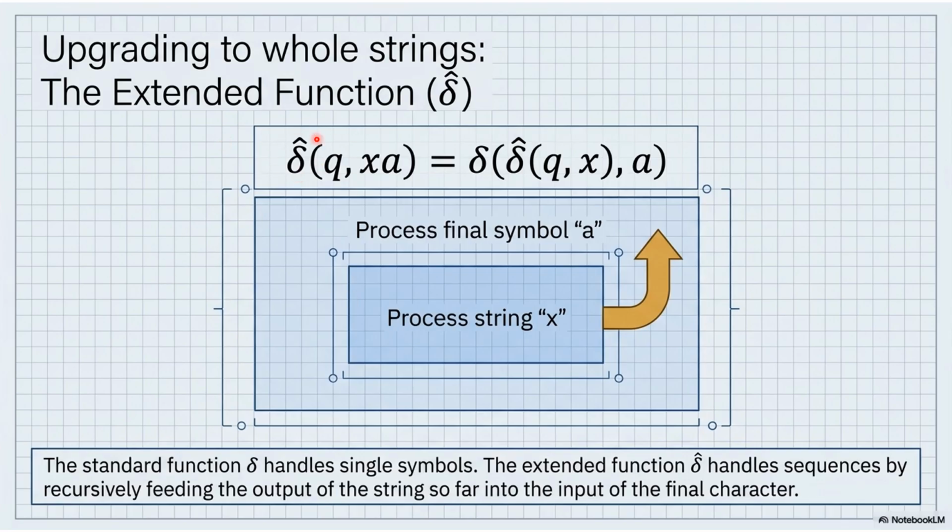So del cap of q comma xa, where xa is a sequence of symbols, we write as del cap of q comma x, then a. First we calculate the transition function of del of q comma x, then we calculate the answer from this state with the symbol a. So the extended transition, represented as del cap, processes the entire string.